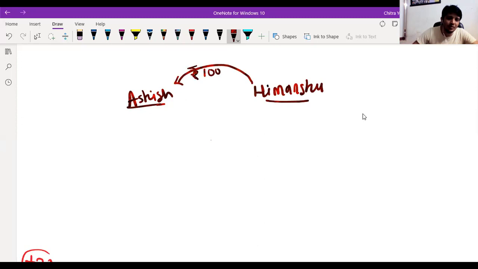Yes, sir. See, these rupees are nothing but electrons, and Himanshu and Ashish are nothing but chemical species. So I'm going to write here chemical species.